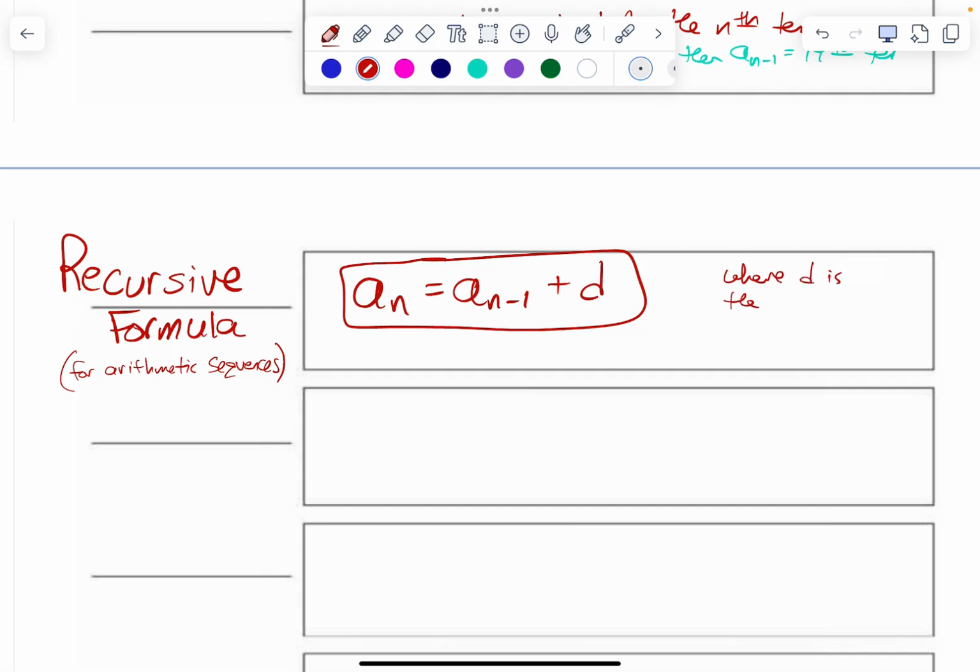Just writing what we just talked through: the nth term is the previous term plus the common difference. But make sure we say all that on here.